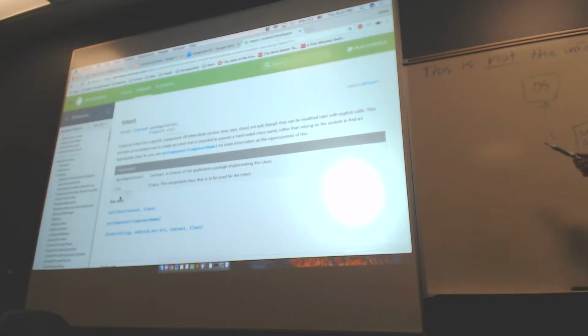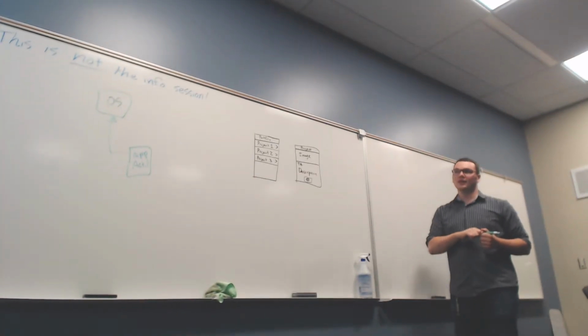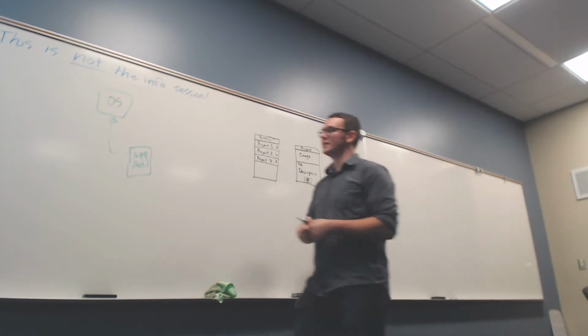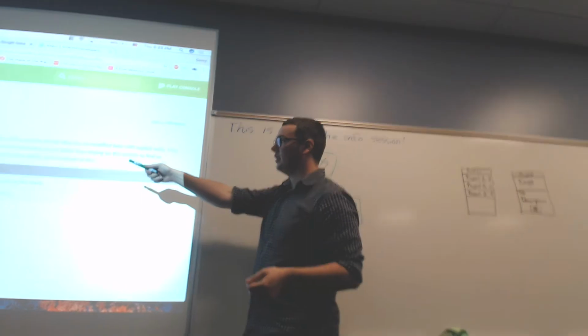So when we use intent equals new intent, with the context and the class, you're telling the operating system, I want to spawn whatever's in the second parameter here, whatever class you want to go to. And so that's what it does.